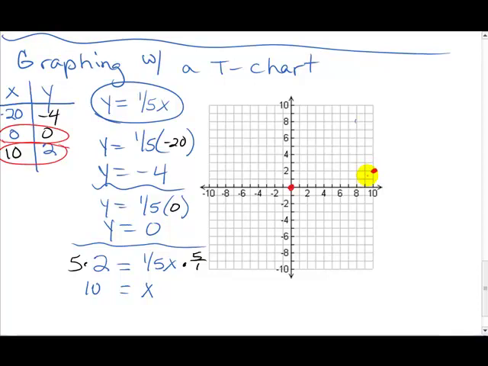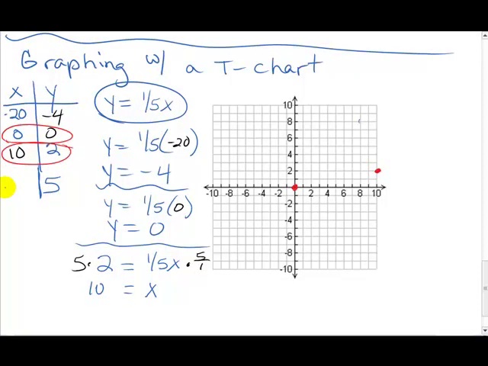And I need 3 dots, so I'm going to go ahead and do another one of these. Let's do the y number. Let's do 5. So if I have y is 5 equals 1/5 x, well, that's going to be way too big because times 5, that's not on my chart.